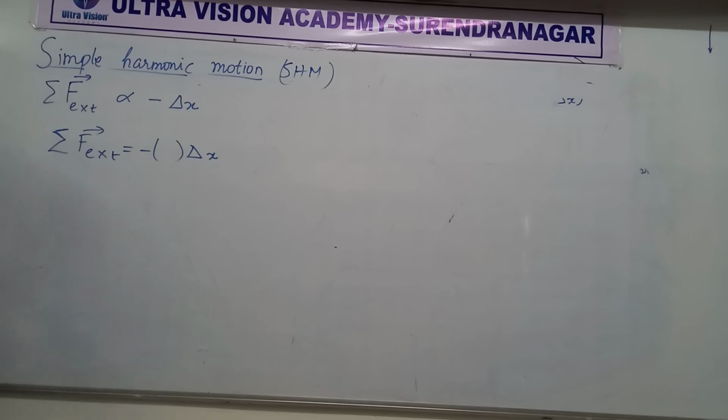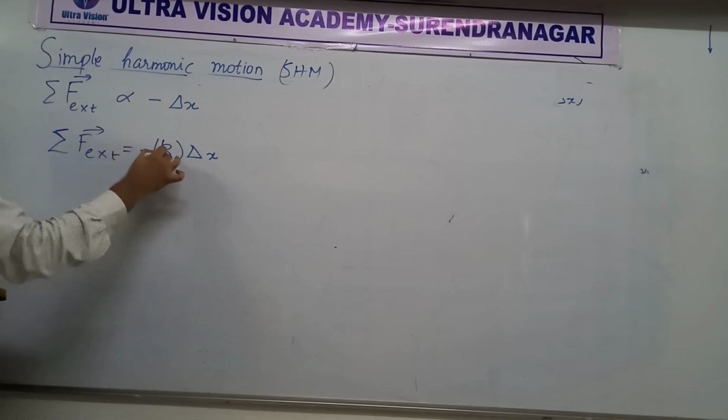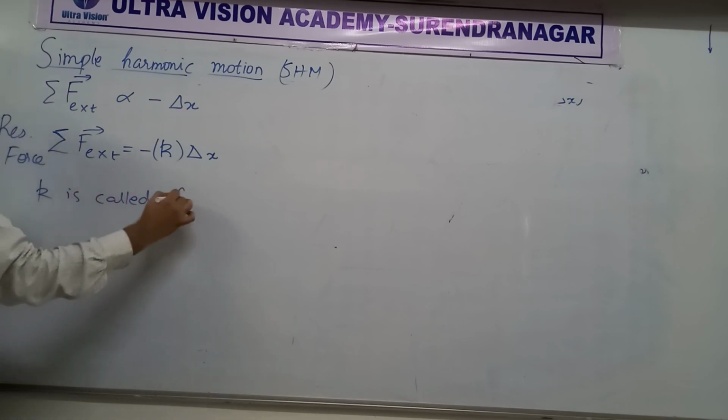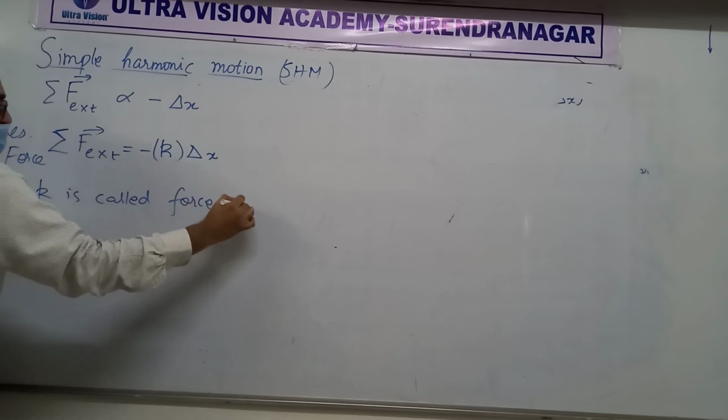That constant is K. K is not spring constant. Please be careful. When we write this kind of equation where this is restoring force, this K is called force constant.